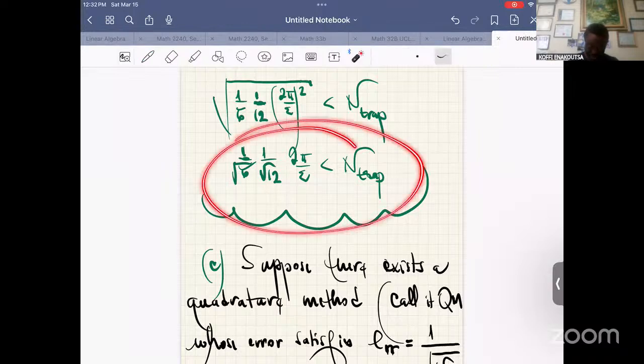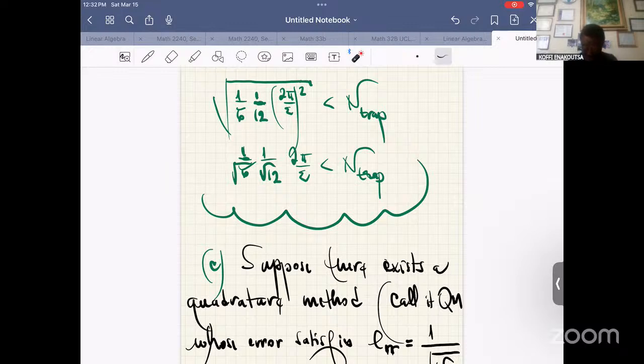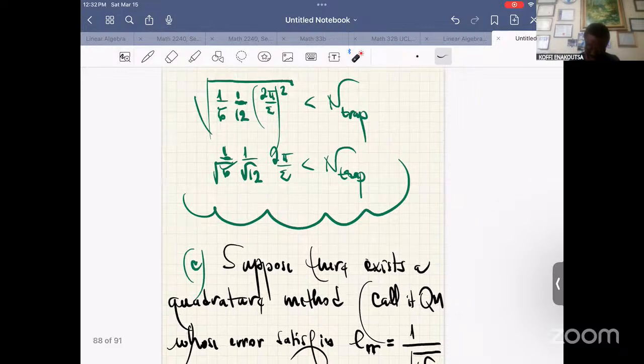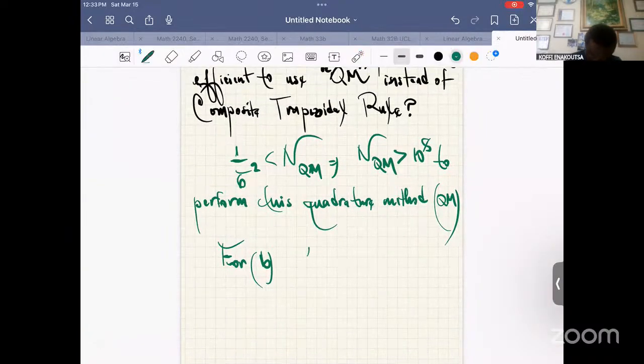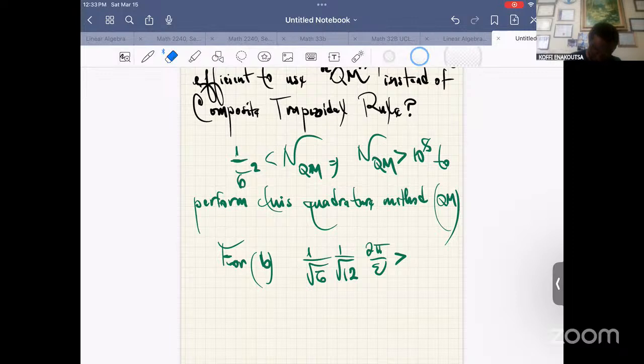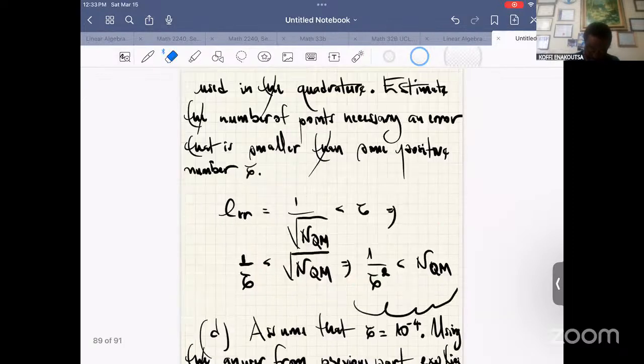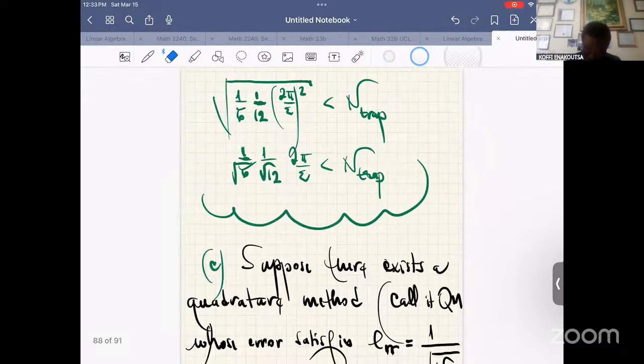NTRAP was greater than 1 divided by root of tau, root of 12, 2 pi divided by epsilon. Okay, so 1 divided by root of tau, root of 12, 2 pi over epsilon was greater than NTRAP. Was it smaller or greater? Let me make sure I'm writing it right. Yes, it's smaller than NTRAP.